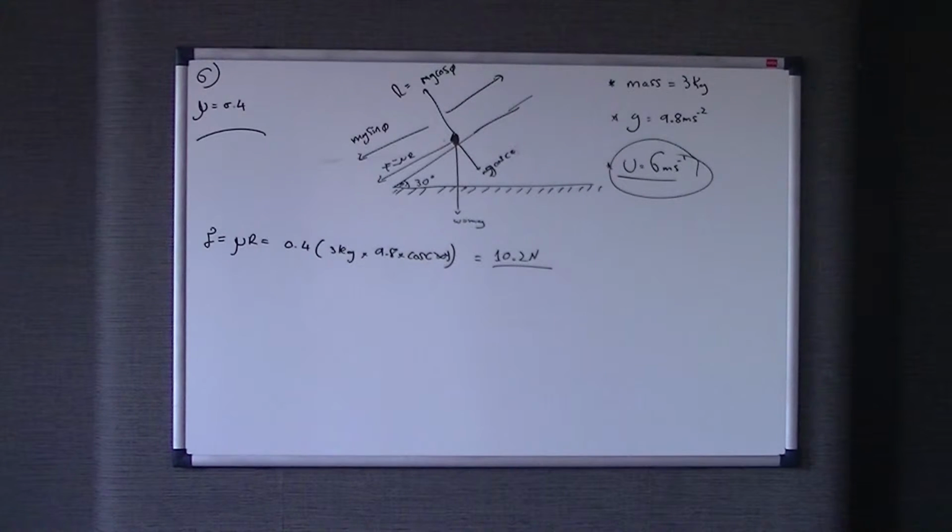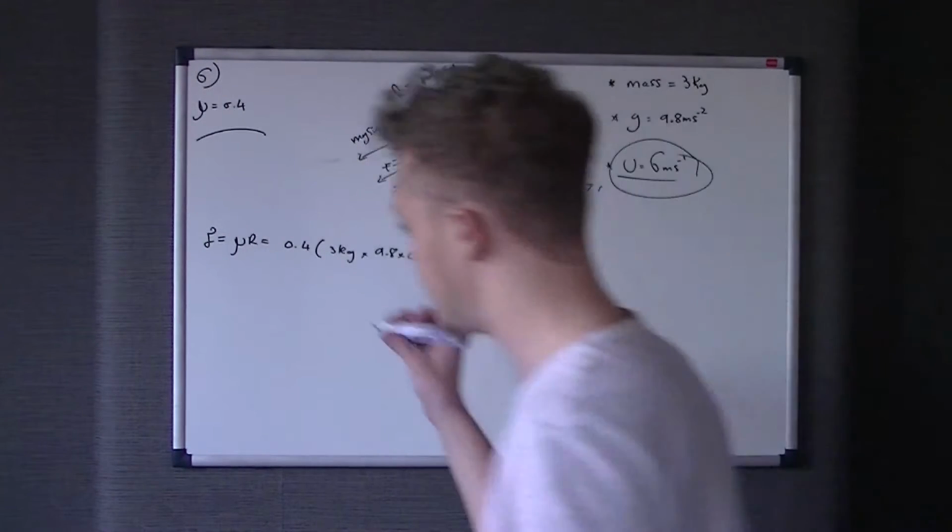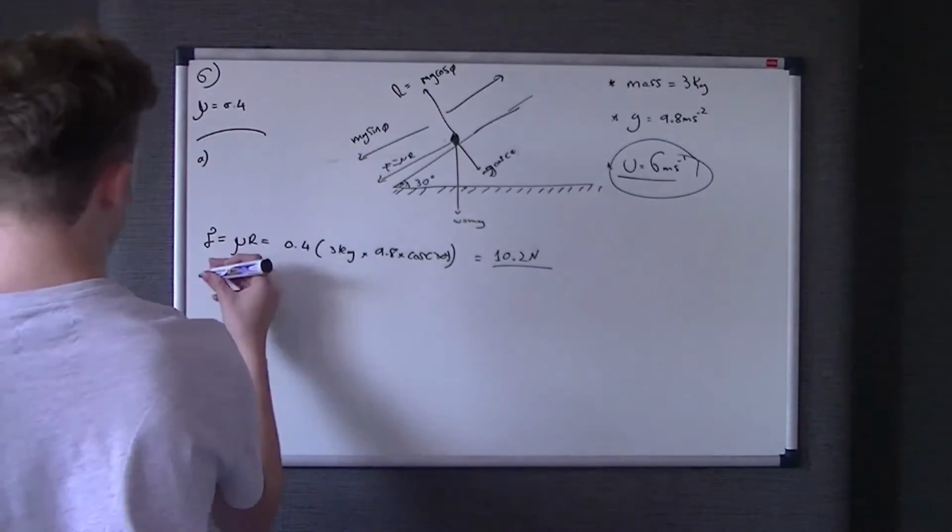Okay, so the next part is the distance moved by P up the plane before it comes to instantaneous rest. Obviously what we need to do for this is work out the acceleration. Because our initial speed is 6 meters per second, this is now a SUVAT equation mixed with inclined planes.